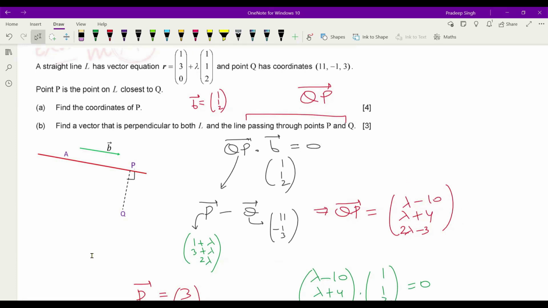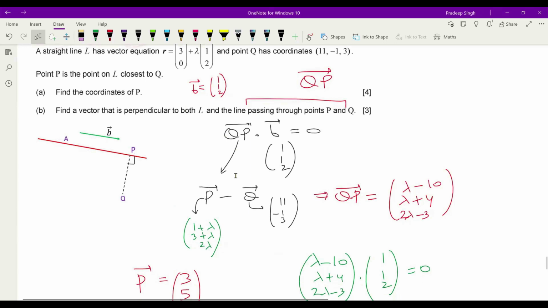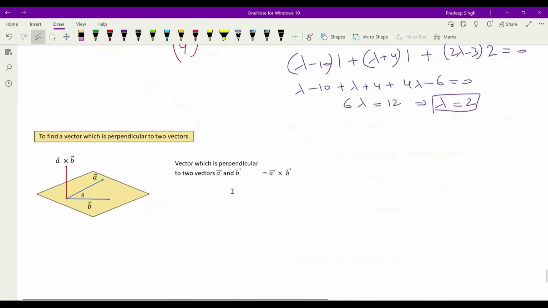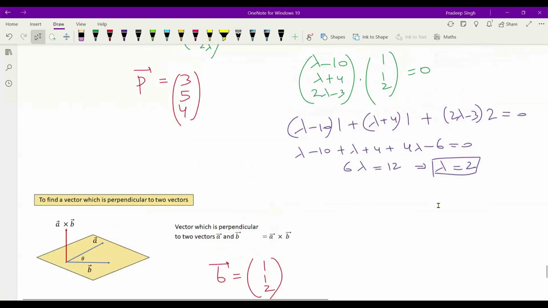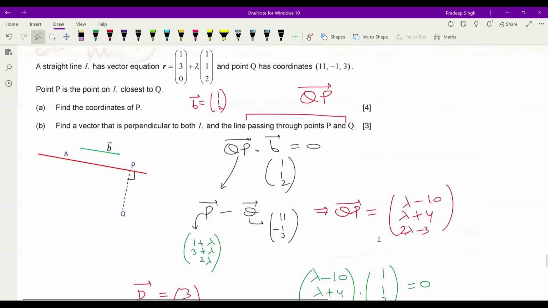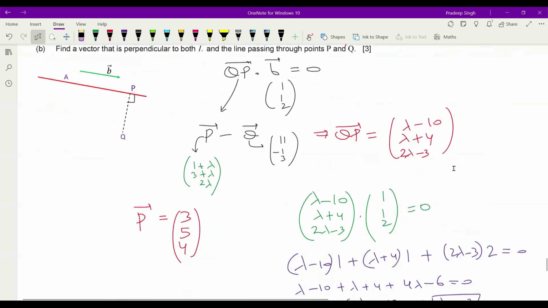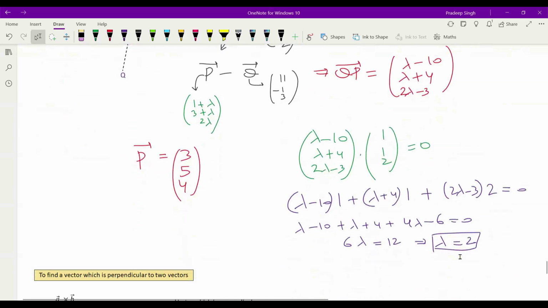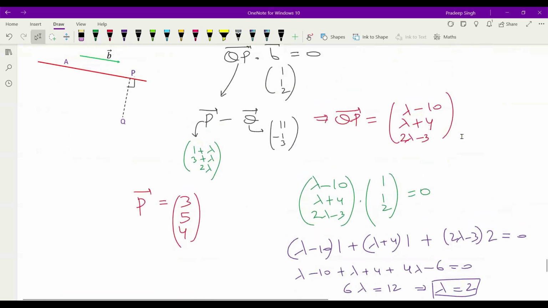So let's now figure out that particular vector. B is 1, 1, 2. So one of the vectors is the direction vector, which is 1, 1, 2, and the other vector is QP vector, which we found out as this. Lambda we found out as 2. So let's put the value of 2 in place of lambda. So what do we get?